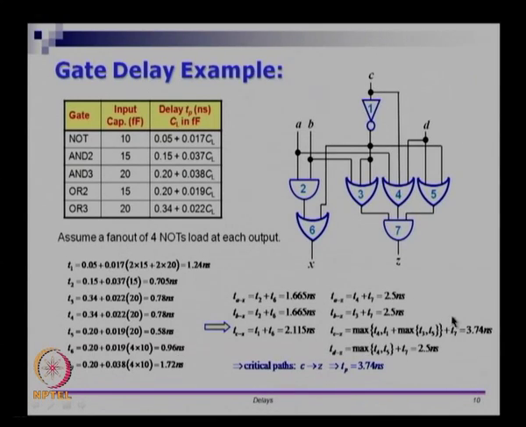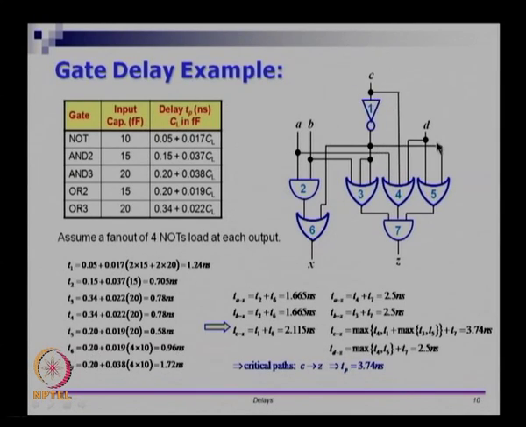So, T7 is added outside, and there are multiple paths to go from C to Z. So, I want the maximum of all those paths, and to find out the maximum of all these paths, I go and look at each one of these paths. C to Z goes through 4, so there is T4 there, then C to Z also goes through T3 comma T5, so I take the maximum of T3 comma T5, but both of them go through the inverter first.